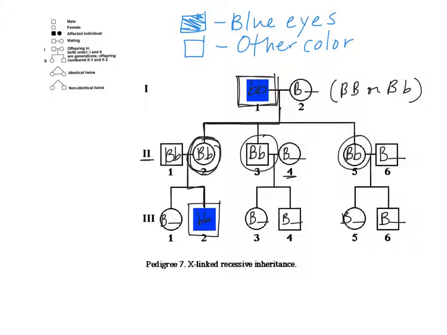So again, this is a recessive trait because we have parents who have offspring that look different than they do, and then you can use the fact that it's a recessive trait to fill in as many other genotypes as possible.